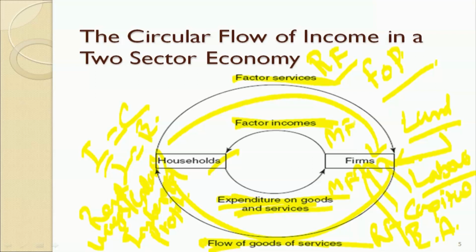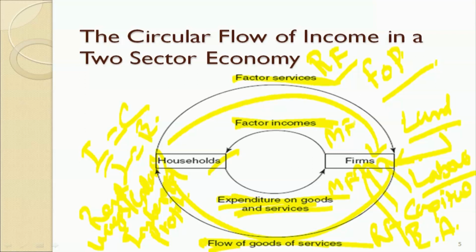So, in this circular flow of income of the two sector economy, there are two sectors, the household and the firms. The household provides factor services and purchases goods and services. There is one money flow and one real flow.